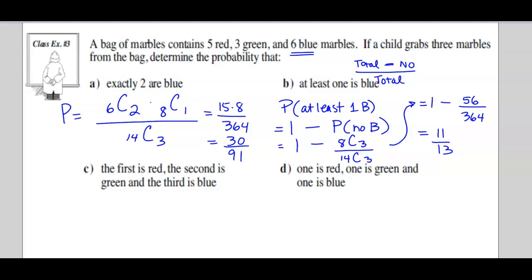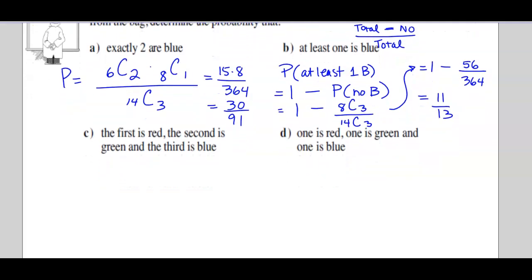Okay, next one. Okay, so first is red, second is green, third is blue. Okay, so order matters in that sense. I'm just not gonna write it all out again.